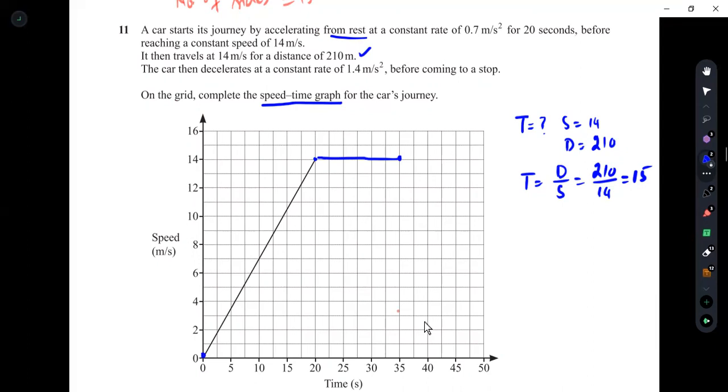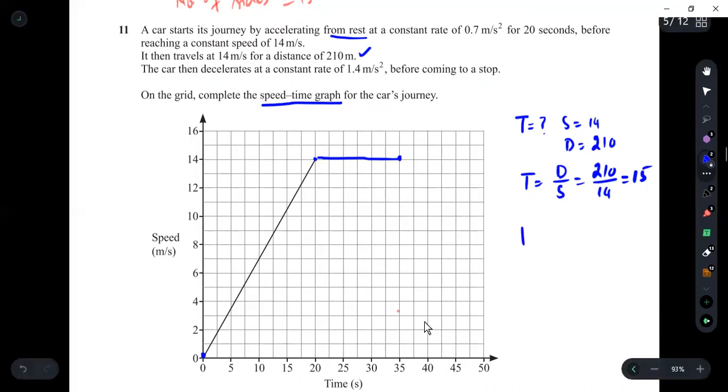So speed is zero here, and the line that we have to draw will meet the x-axis somewhere. Again, we are told that it will be decelerating, a decrease in speed of 1.4 meters per second squared, that each second it will decrease by 1.4.